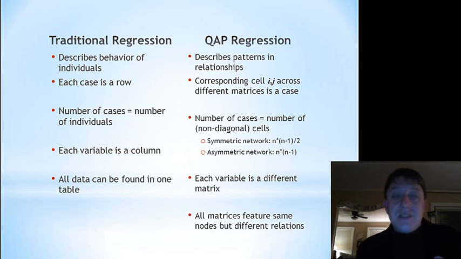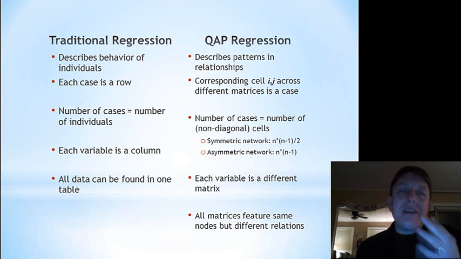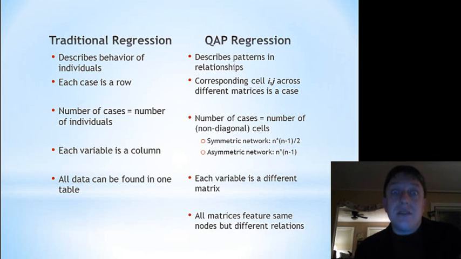The number of cases in a traditional regression is the same as the number of people that you're studying, or the number of states. Whatever the individual units are, the number of them is the number of cases. But the number of cases in a QAP regression is the same as the number of non-diagonal cells in the network.